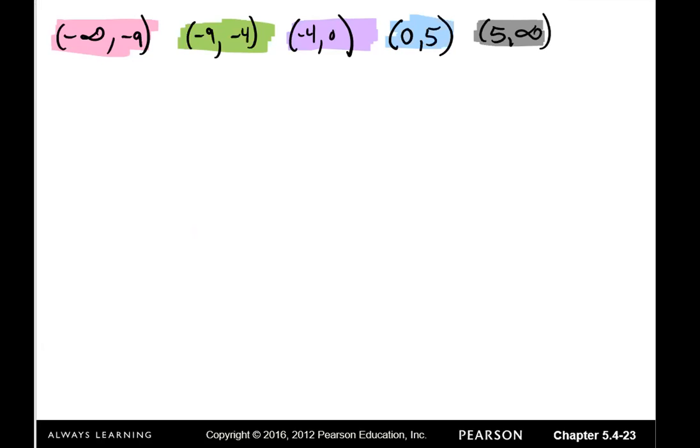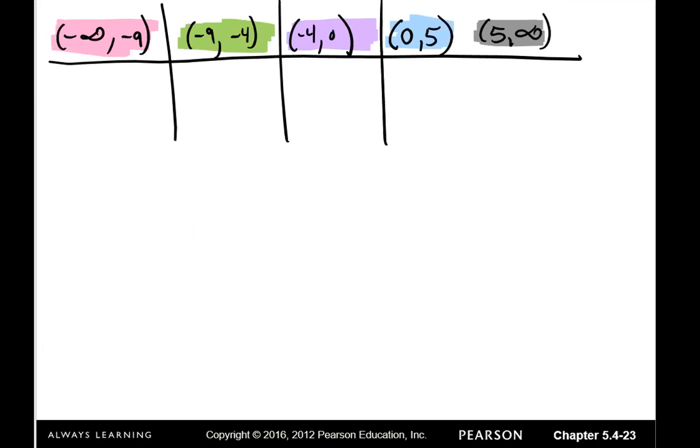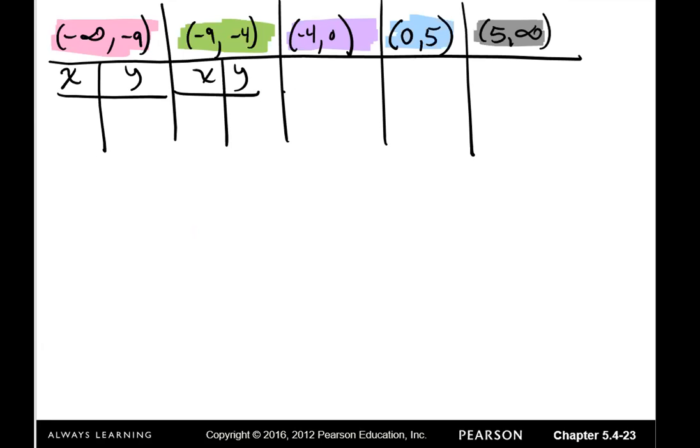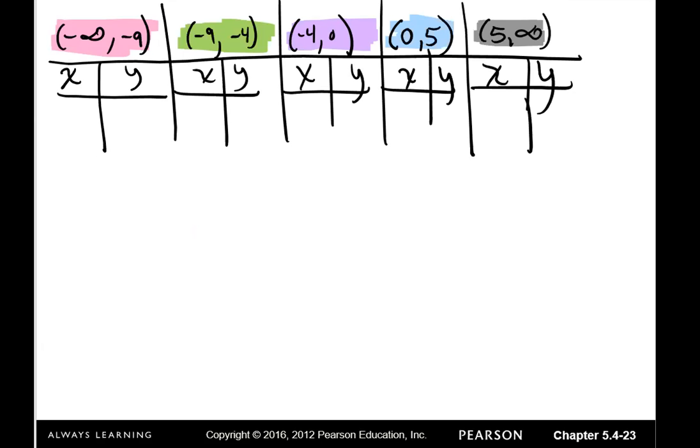So I just randomly picked some numbers here. I made my little chart here, and I picked my X and then I'd get a Y. Okay, so between negative infinity and negative 9, I went with negative 10.